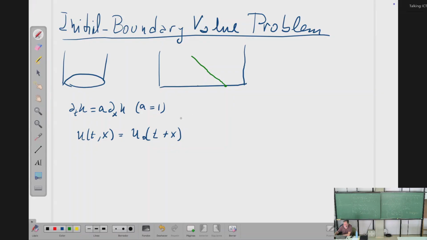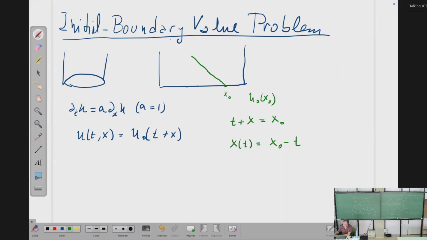Because suppose this value is x0 here, so at t equal to 0, here I have u0 of x0, and this line is the line where t plus x is equal to x0, so is the line x of t given by x0 minus t, okay? So goes for the negative t, x.